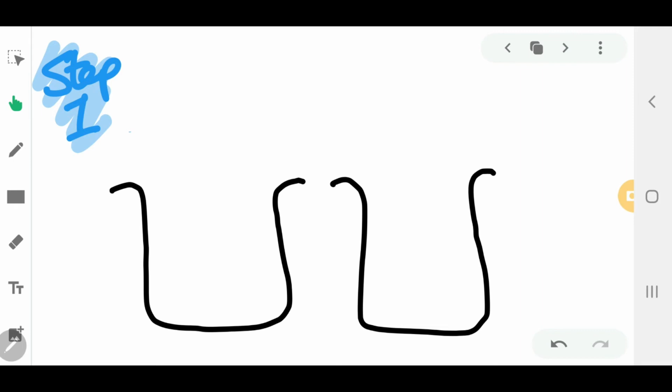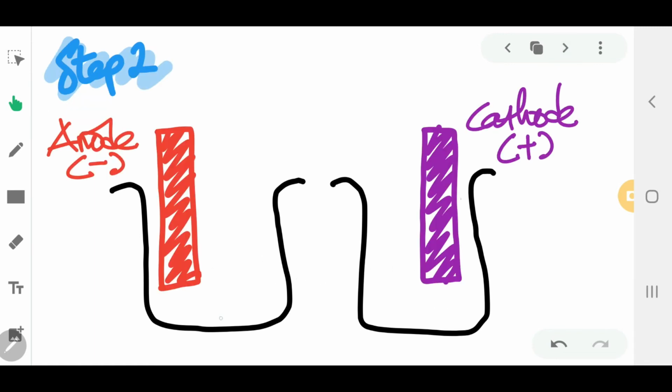So step 1, you draw the beakers first. You have 2 beakers over here. You're going to draw them first. And then followed by step 2, draw the electrodes. You have your anode on your left and you have your cathode on your right. Okay, remember, anode, cathode.